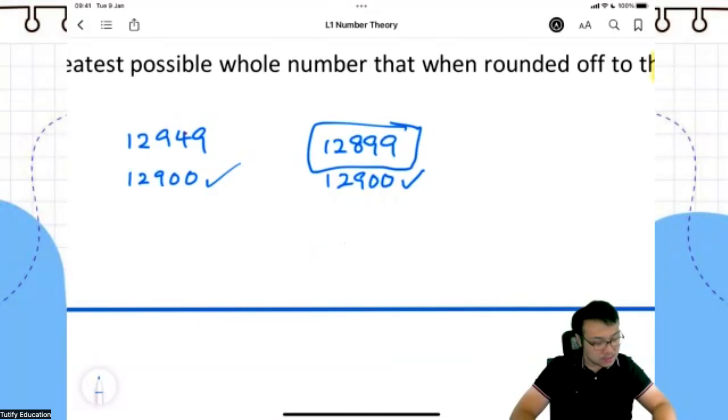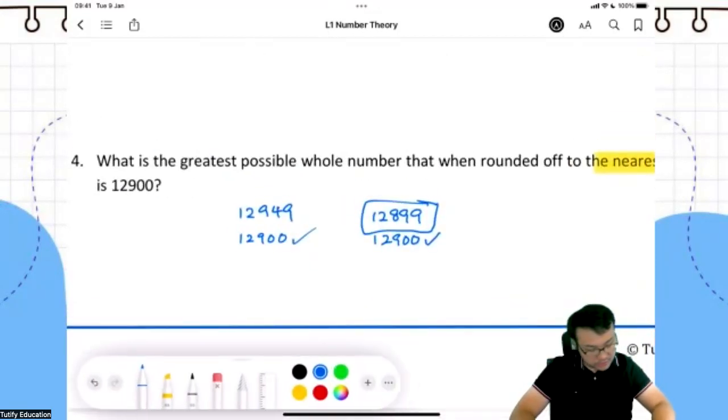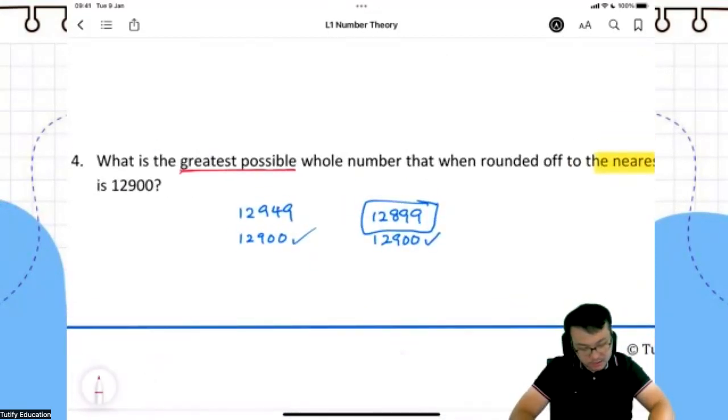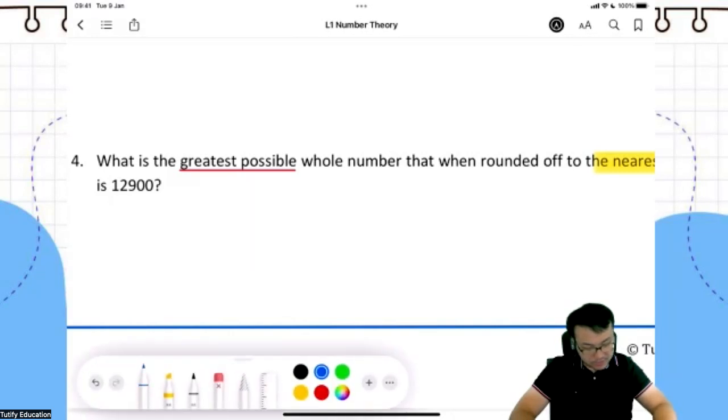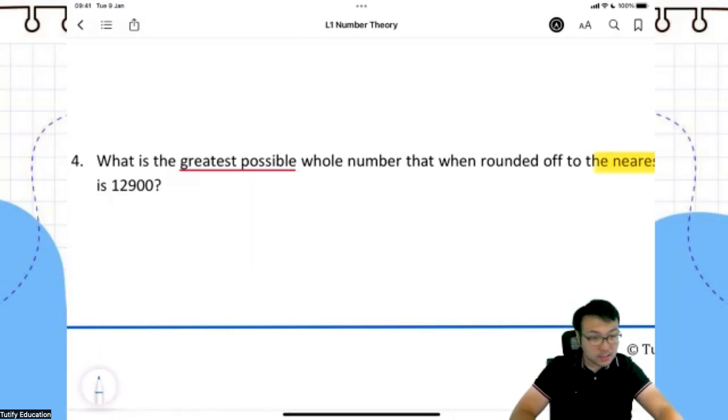biggest possible answer, okay? They want you to give them the greatest possible whole number. Therefore, all these are wrong. Therefore, as Zachary and Claudia have already given in the chat, the correct answer is 12904.